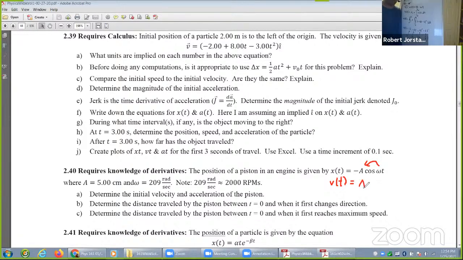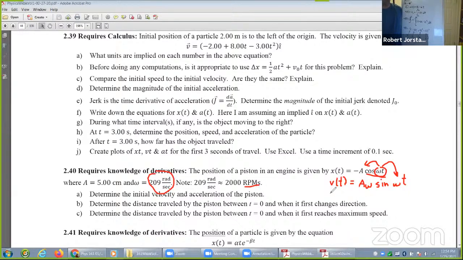So this would be A omega sine omega t. Now the idea here is I use the chain rule, right? First you take the derivative of the function, then you take the derivative of what's inside. Omega is this constant. It's basically like your RPMs. Omega has units of radians per second, which is equivalent to RPMs.